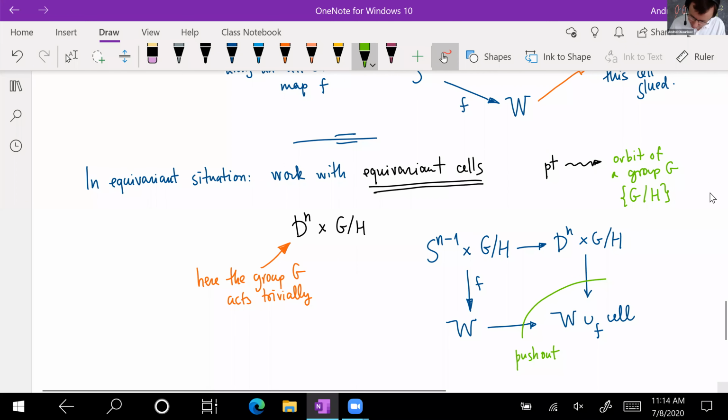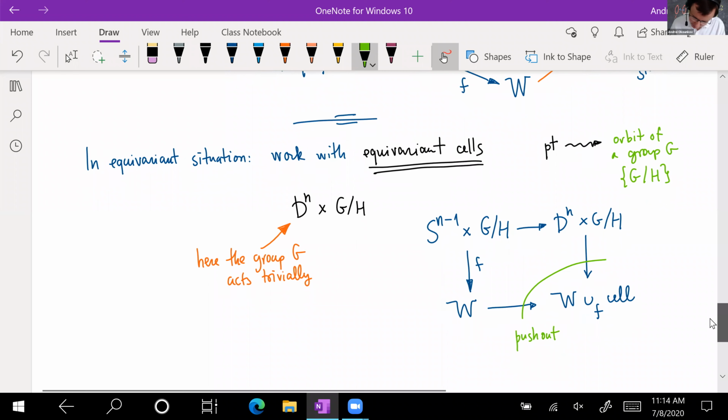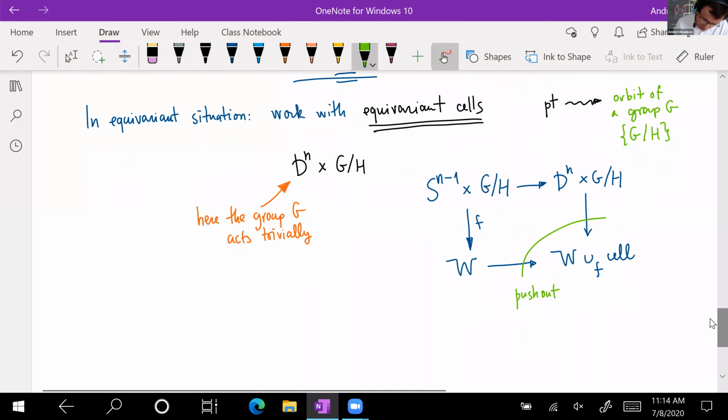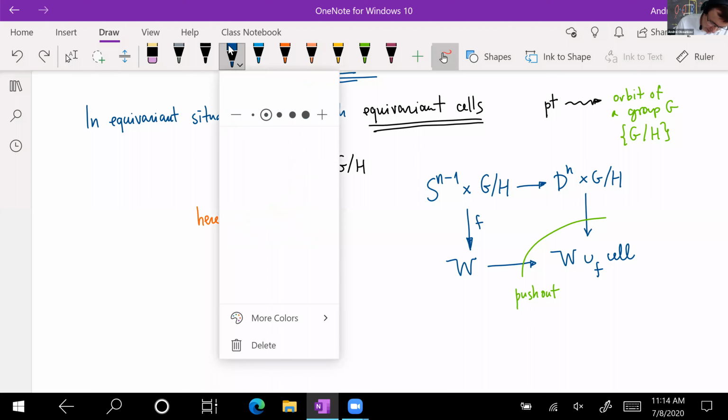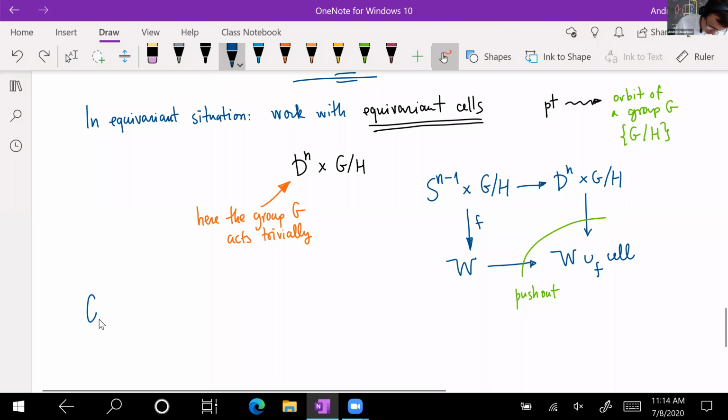So that's one part, that the cells are equivariant, and also we have to say what's the equivariant cohomology of each individual piece. So that's the equivariant cohomology of each individual cell.